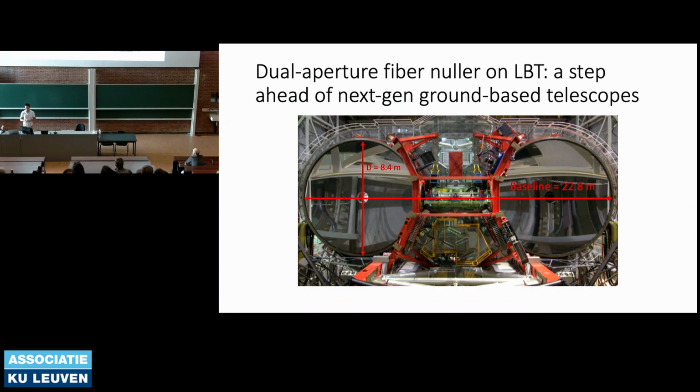There's a political dispute on the mountain in Hawaii, and also the funding situation for TMT is still uncertain. So before that, LBTI remains the optical and near-infrared facility on the ground that can deliver the highest angular resolution. So this is the rationale why we're thinking about this and trying to build an instrument for that.